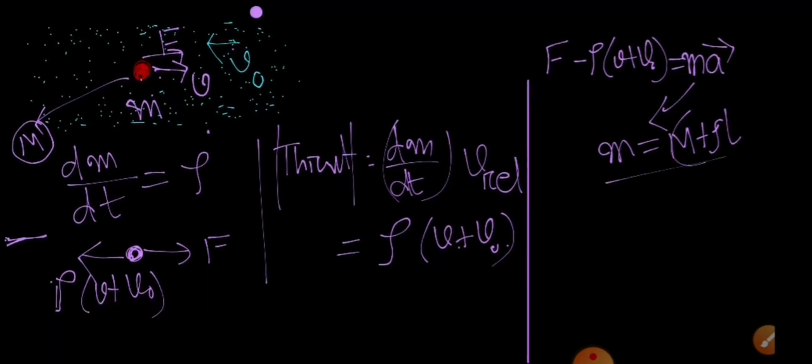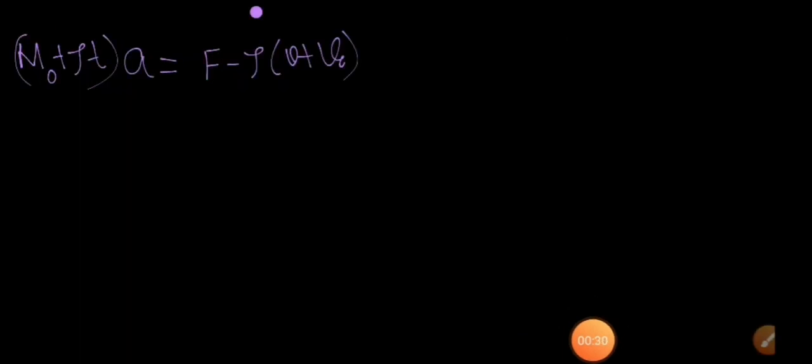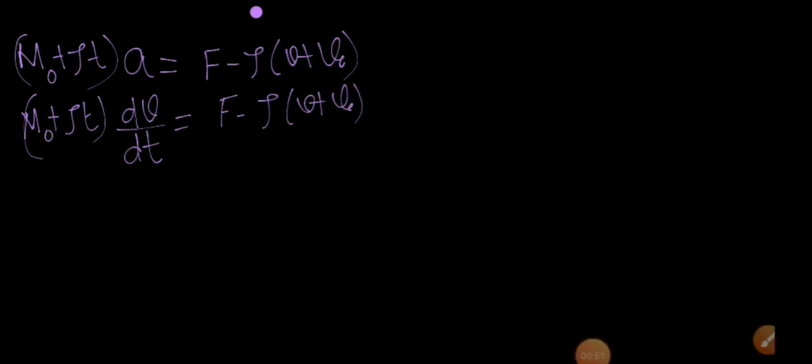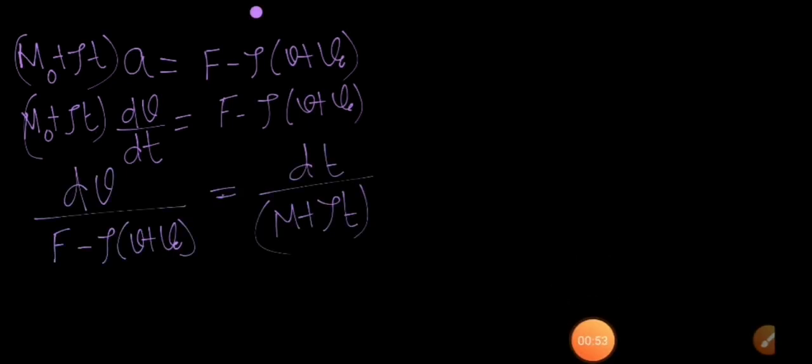We need to substitute these values and set up the differential equation. I can write m naught plus rho t, and in place of a I can write dv by dt, the rate of change of velocity, is equal to F minus rho times (v plus v naught).